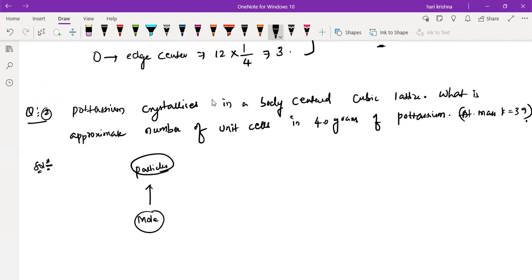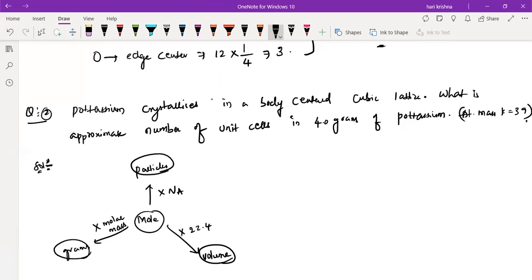If you want mole to particles, you have to multiply with Na. Mole to grams, you have to multiply with the molar mass. This is the mole concept, right? Mole to volume, you multiply with 22.4.